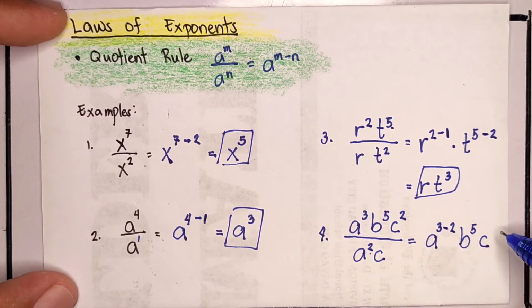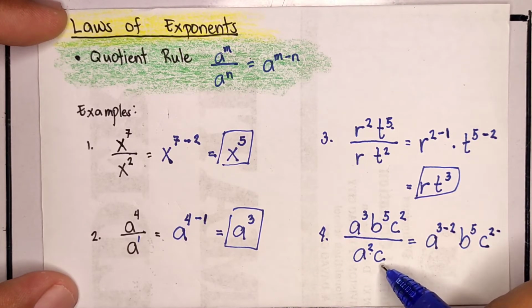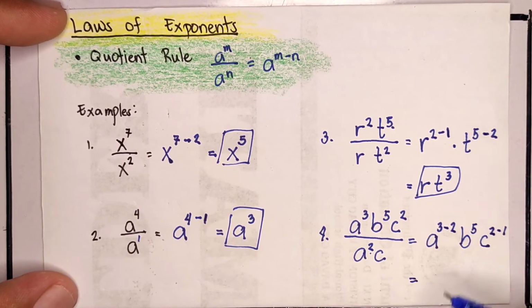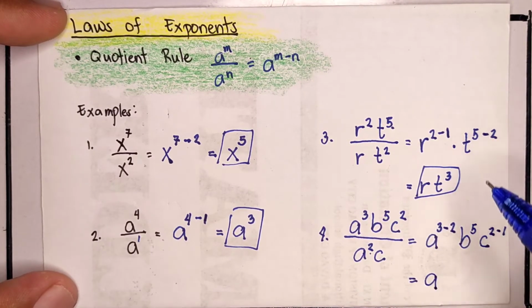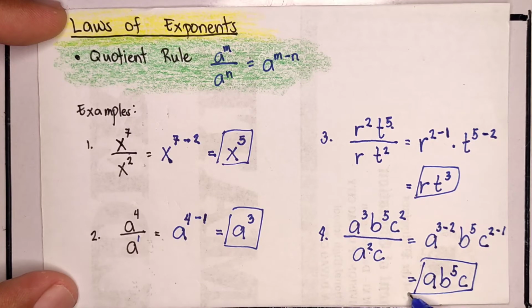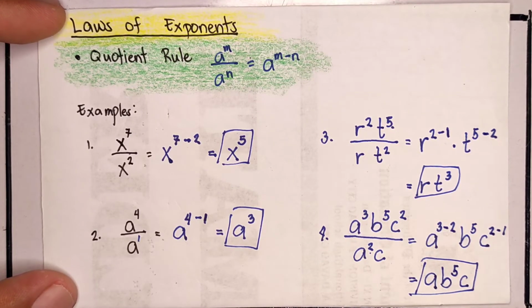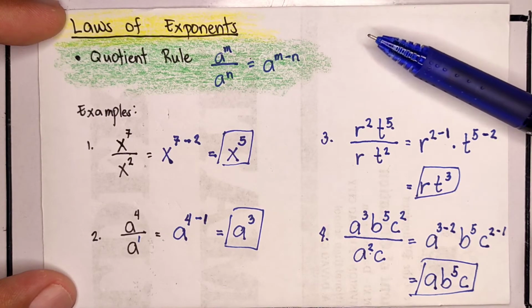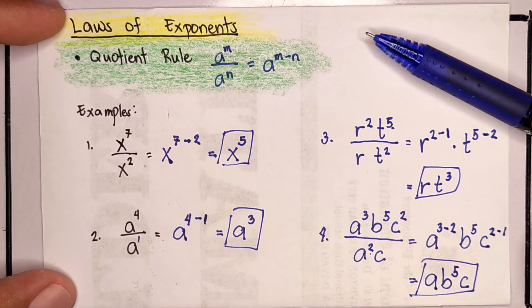Our exponent on the numerator is 2 minus the exponent, which is 1. Equals a, 3 minus 2 is 1, then b raised to 5, then c, 2 minus 1 is 1. Therefore, this would be our answer. Okay, that is the second rule for the law of exponents, the quotient rule.